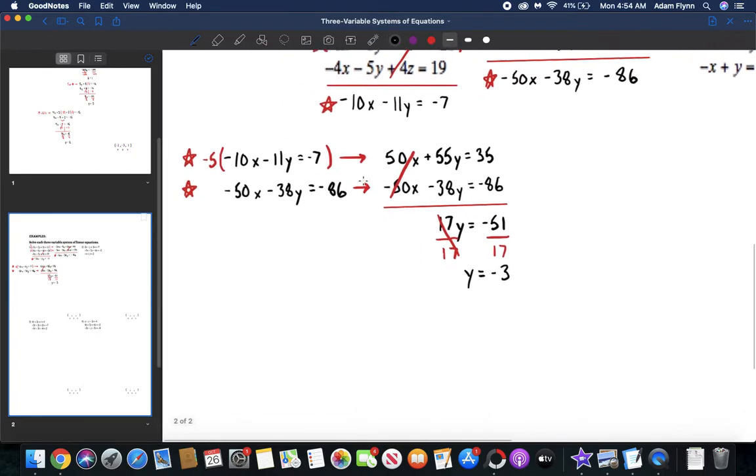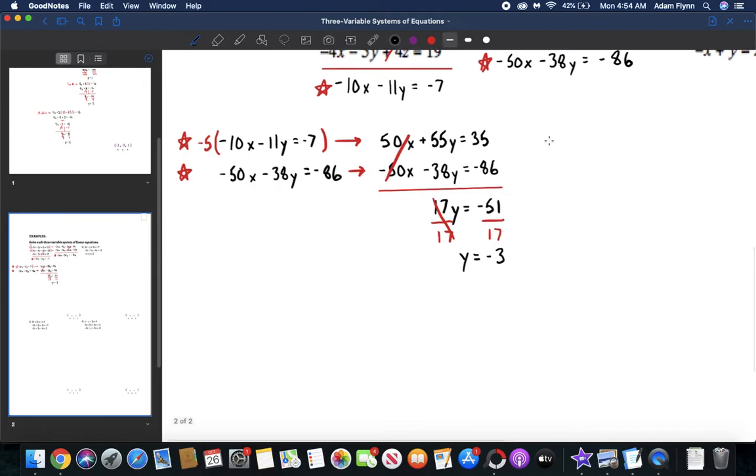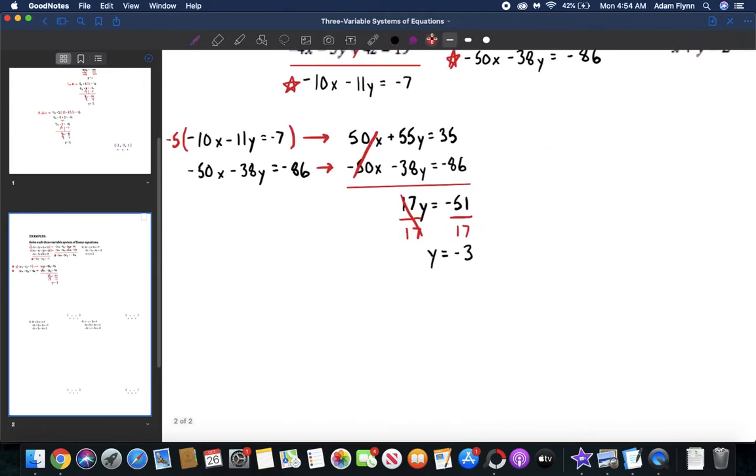So I am going to pick, I'll do my top star equation here. So I'll write top star.